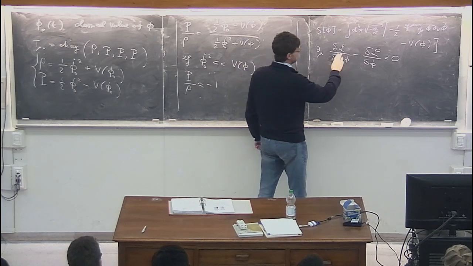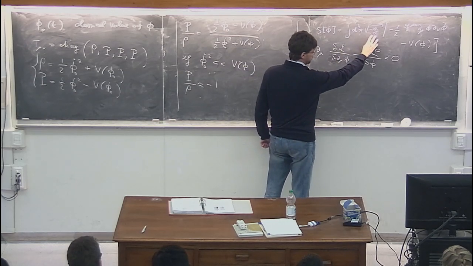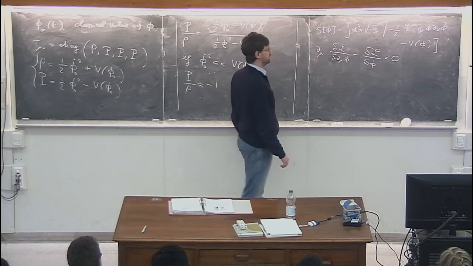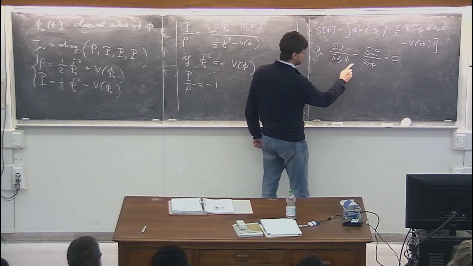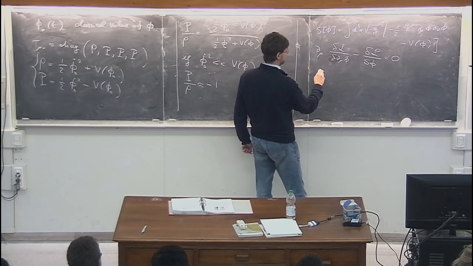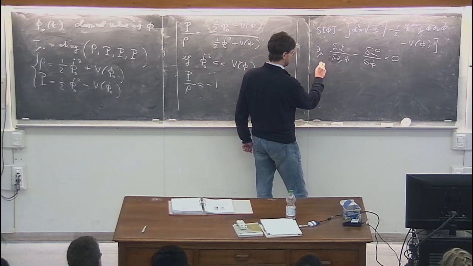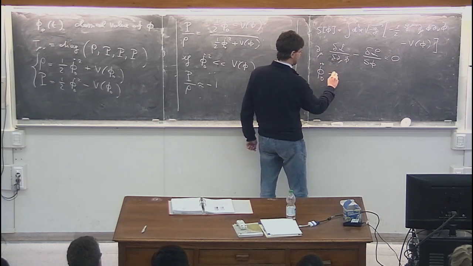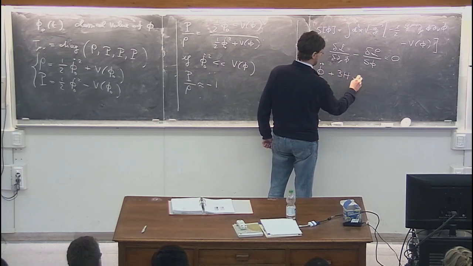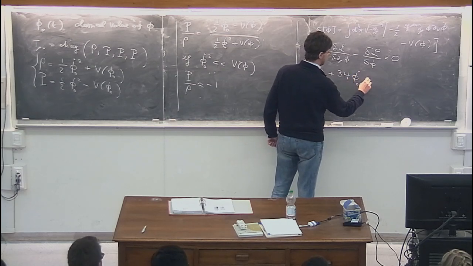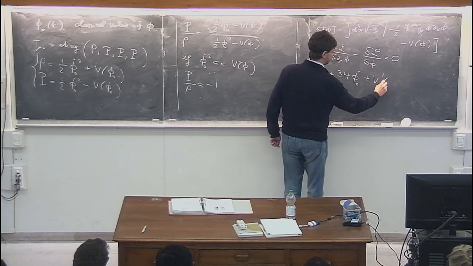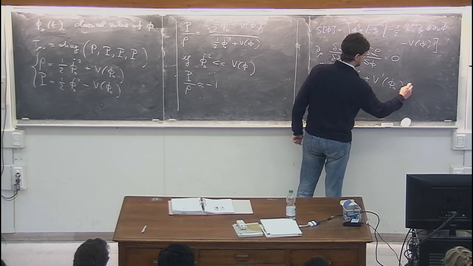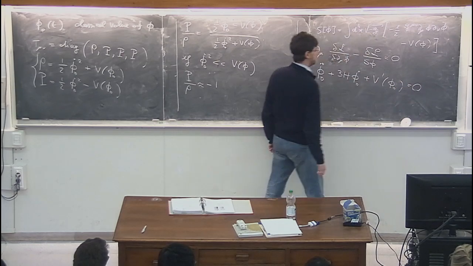Be careful that in this relation the square root of minus g is inside. So if you're only interested in the phi 0, what you get from here is the following equation: phi 0 double dot plus 3H phi 0 dot plus v prime of phi 0 equal to 0.